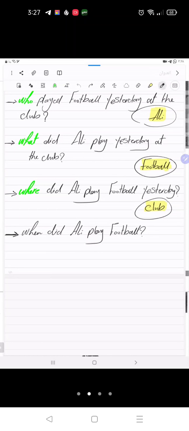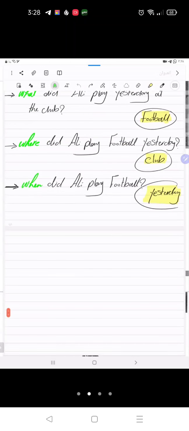Very good. And the answer will be yesterday. So here we use the question word when to ask about time like yesterday. Okay, so this is everything about the WH question. Let's move to the yes no question.